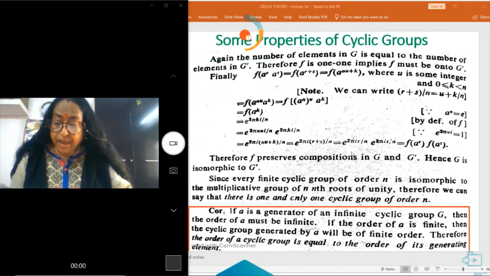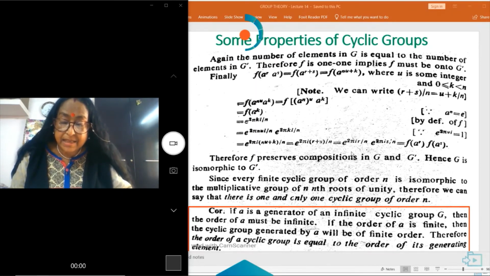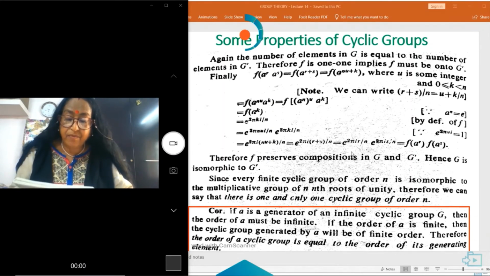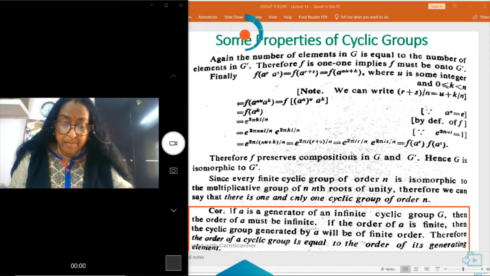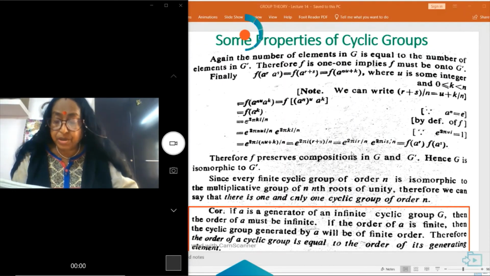So f of a to the power nu into a to the power k can be written as a to the power n whole to the power u and a to the power k. Because a to the power n is e, a to the power nu is e, so f of a to the power k is e to the power 2 pi k i by n, by definition of f.